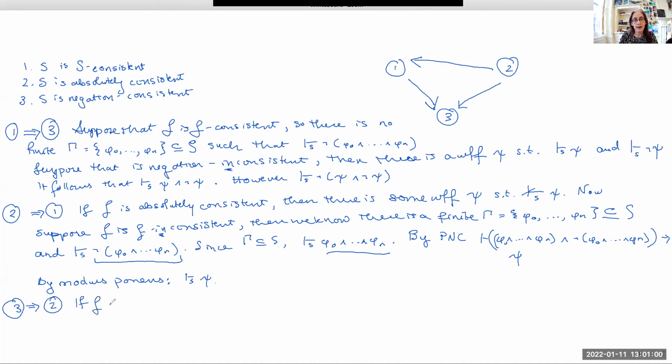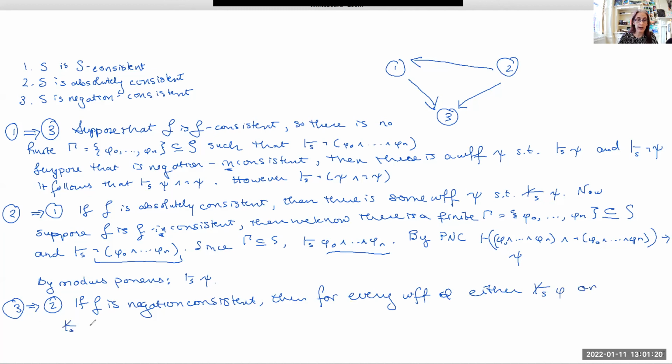So if S is negation consistent, then for every well-formed formula, phi, either you can't prove phi or you can't prove not phi. But this means that absolute consistency falls out of this almost by definition, because it says that there's at least one formula that you can't prove.